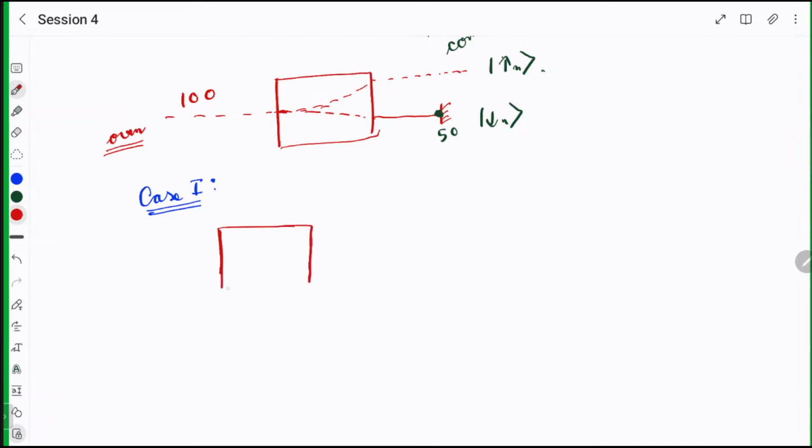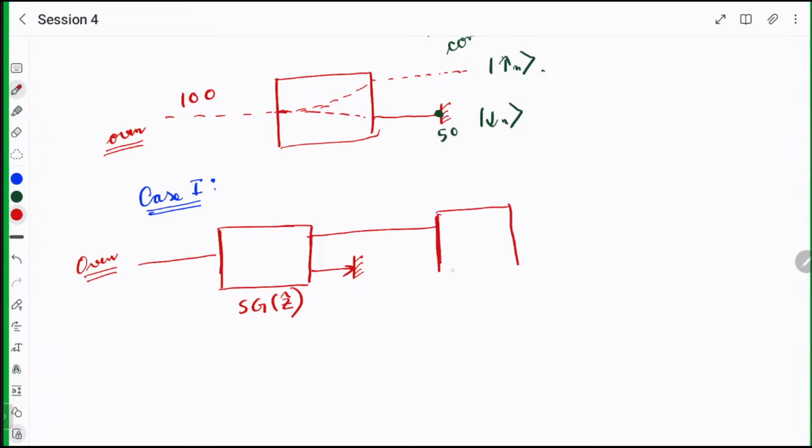So in case one, if you remember, we took a Stern-Gerlach along Z. So we had some randomly oriented electrons from the oven, and we placed a screen here. We let it pass, and then we fed it to another Stern-Gerlach apparatus, which is oriented along the same direction, and we put another screen here. So let's say this is screen 1, this is screen 2.